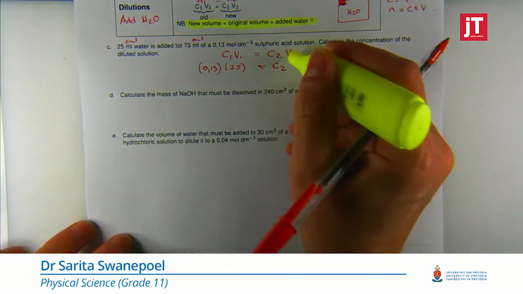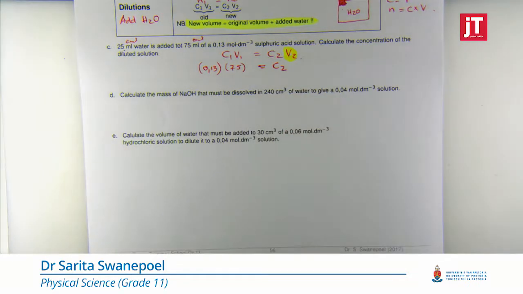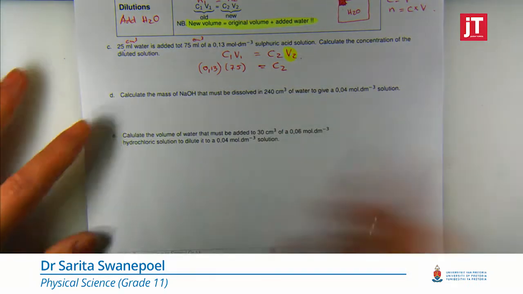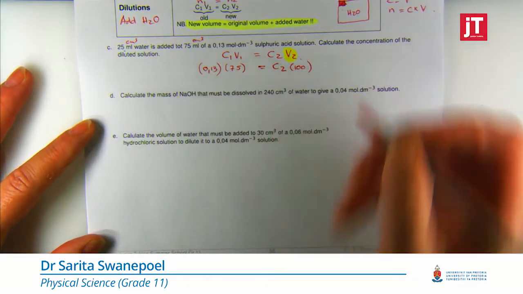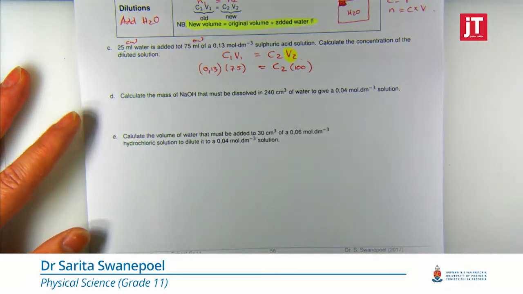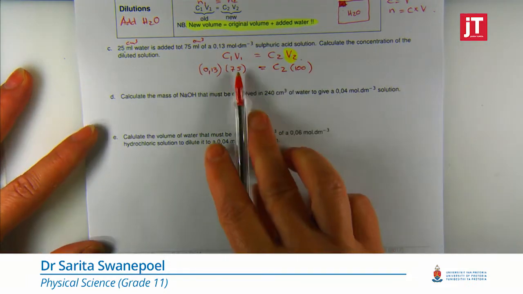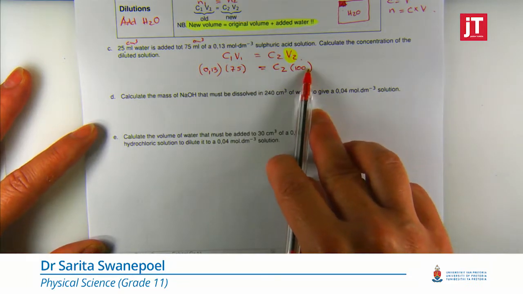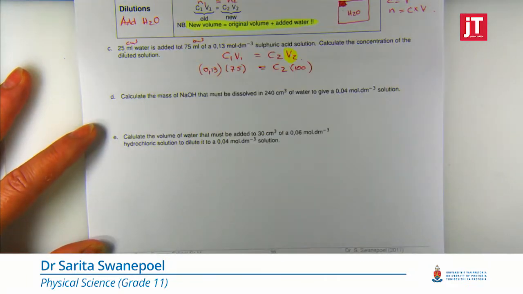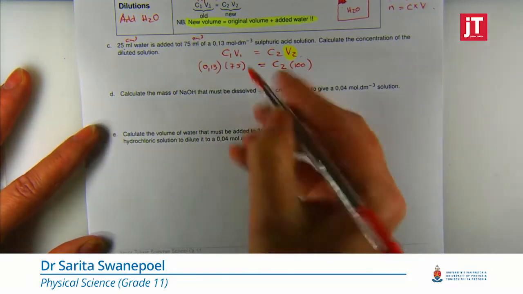What is the new volume? The new volume is both together, so now we are at 100 cube centimeters. If you wanted to do it in cube decimeters, you would have put times 10 to the minus 3 on both sides, and it would have cancelled out. Okay, and then you can just work it out.